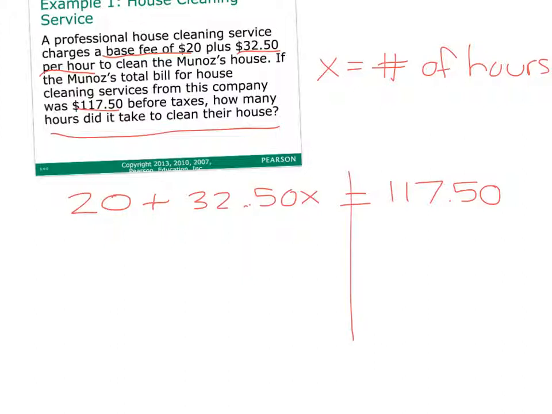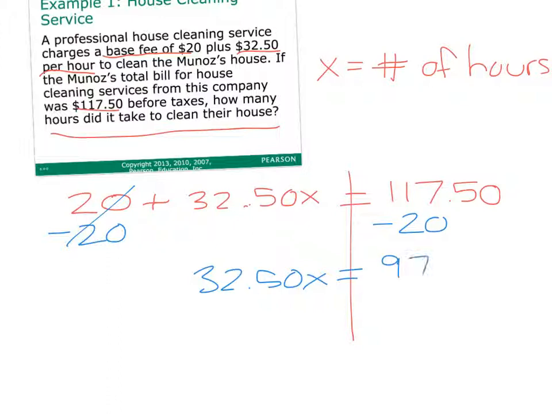First thing we're going to do is deduct the 20 from both sides of the equation, which will leave us the 32.50x on the left. And then 117.50 minus 20 is 97.50. Then we have to undo the 32.50 that's multiplying the x.